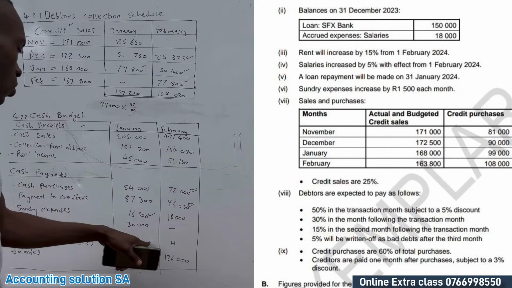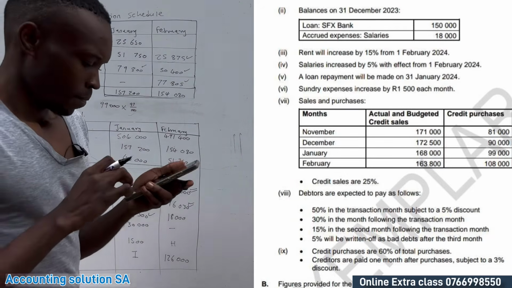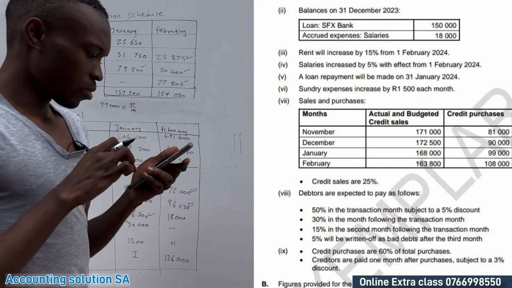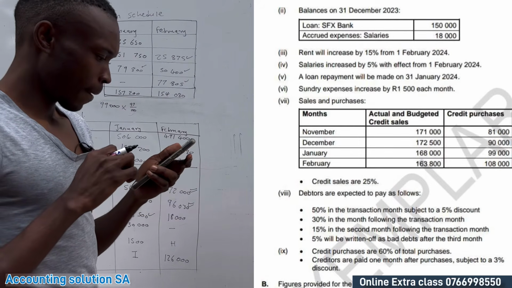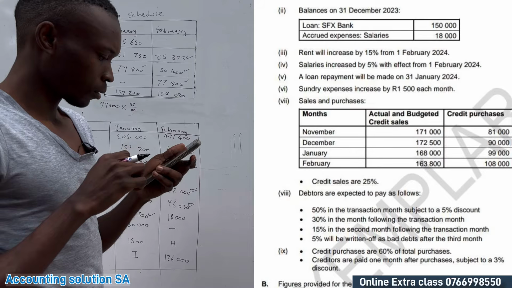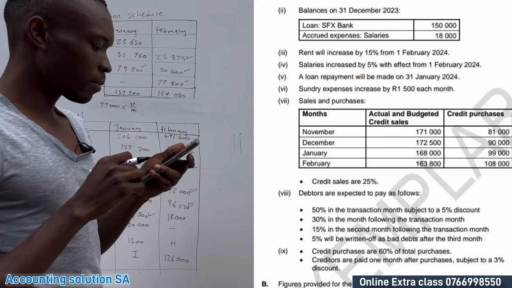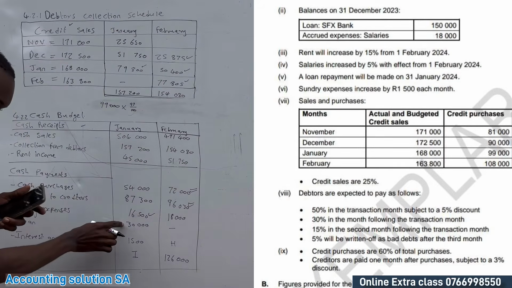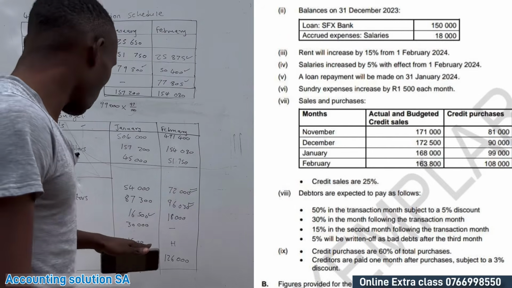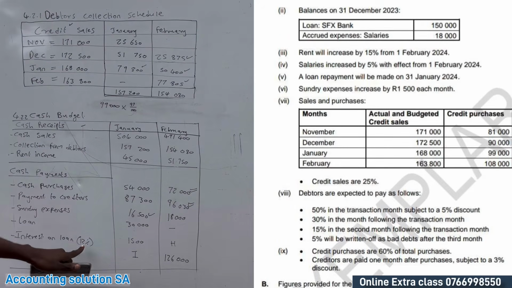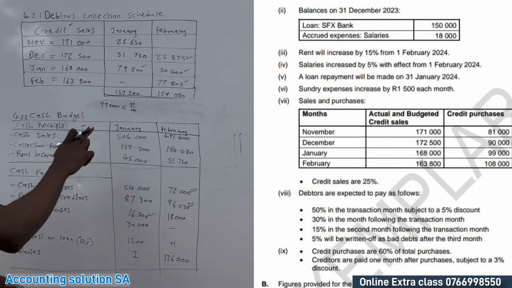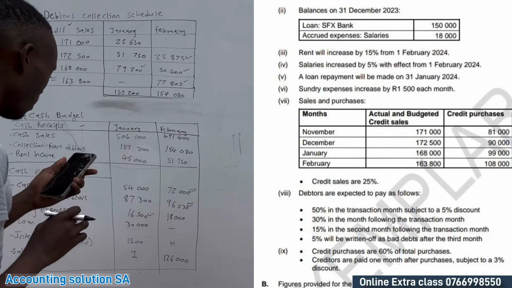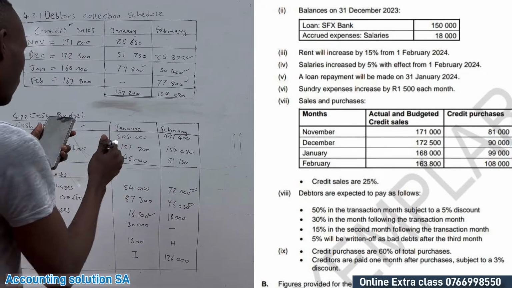Then interest on loan, number H. Okay, if you check interest on loan, they say that a loan repayment will be made in 31 January. There it is, they record it. Then now we have to calculate interest on loan of 12%. How are we going to calculate this? Remember the loan that we have at the beginning, it was 150,000.